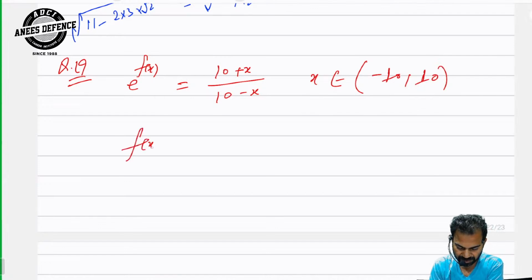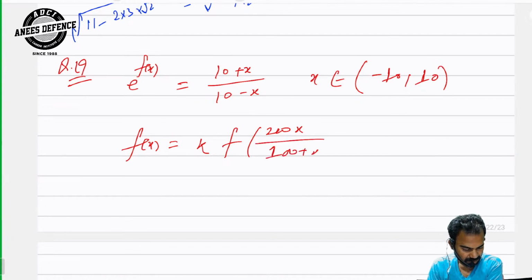We have f of x equal to k times f of 200x upon (100 plus x square).